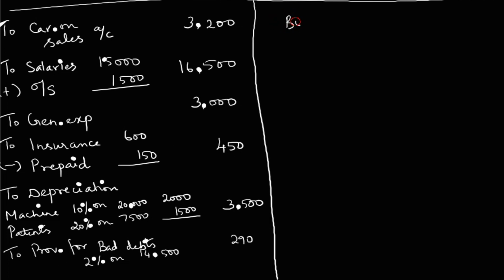You have to bring down the gross profit. Gross profit brought down, 43,715. You don't have any income to show, so you can close it.